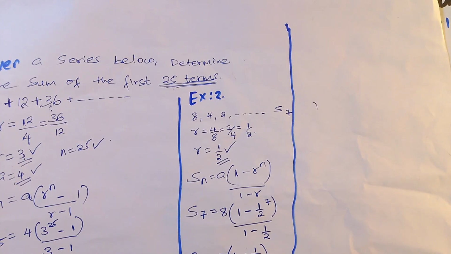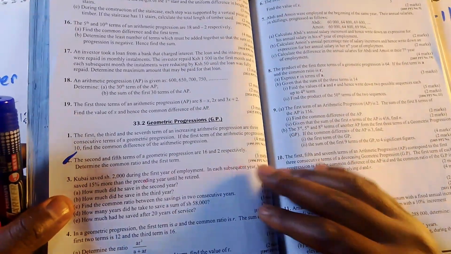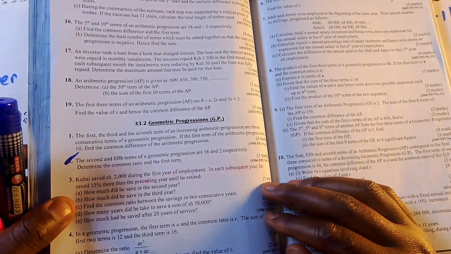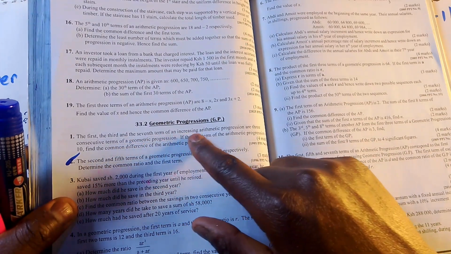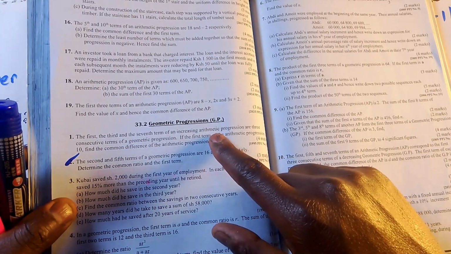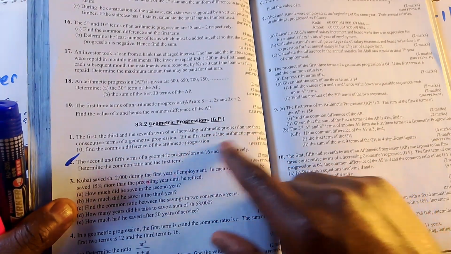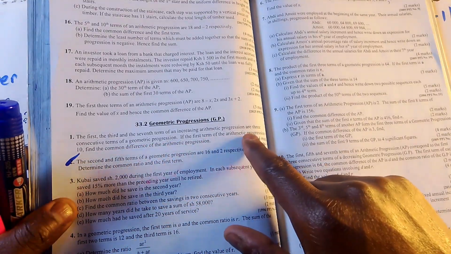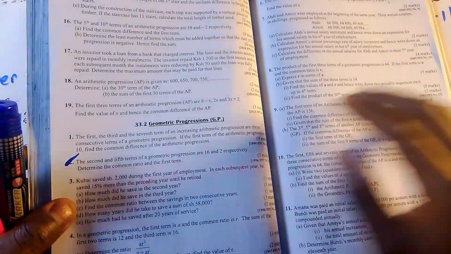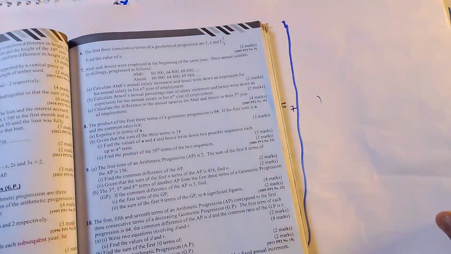So this question reads, the first, the third, and the seventh term of an increasing arithmetic progression are 3 consecutive terms of a geometric progression. So this is a combination of the two.